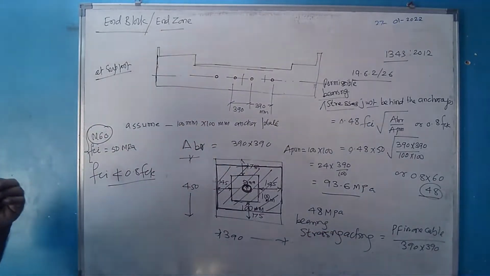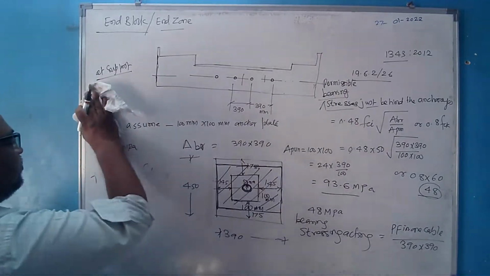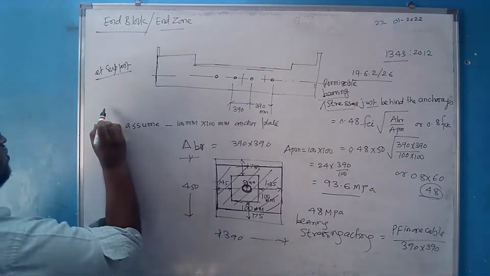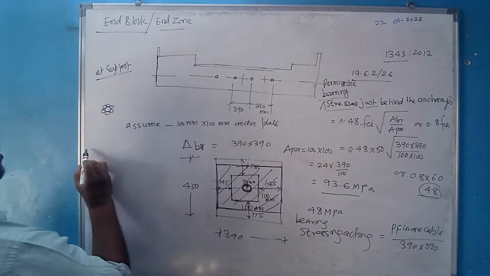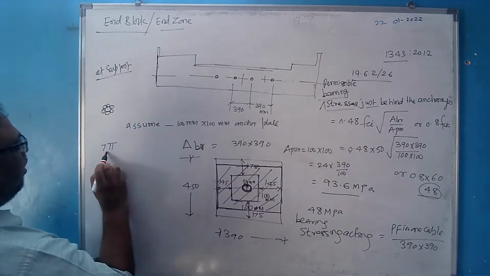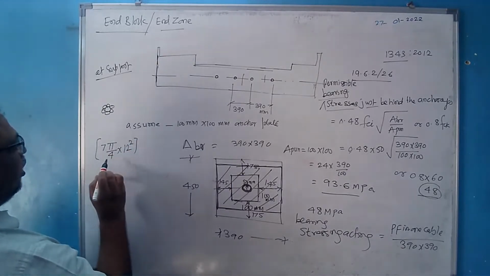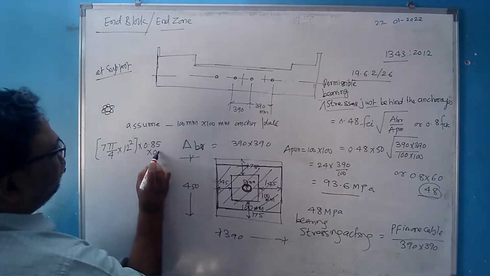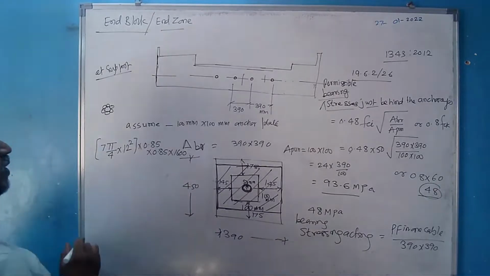How much was the force in one cable? I don't remember now, we considered 7 wires, I think 7 wires of 12 mm diameter. This is the area of steel, and the permissible stresses were 0.85 times FCI, 1600 MPa.